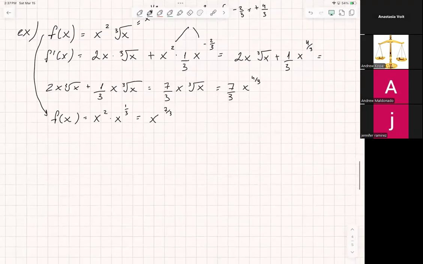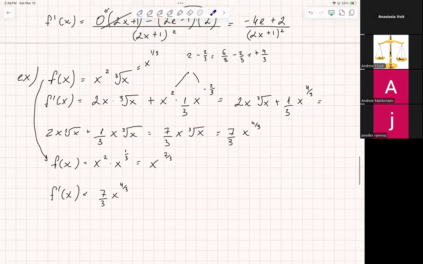So now we can take the derivative of this function just using the power rule. We have 7 over 3 x to the power of 4 over 3. So in this case, you see it's much faster, I would say. So you just need to simplify your original equation and just take the derivative and everything is nice and beautiful.